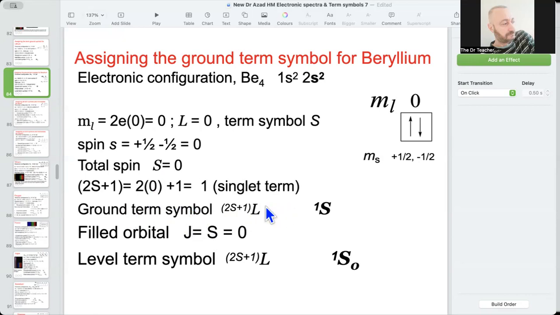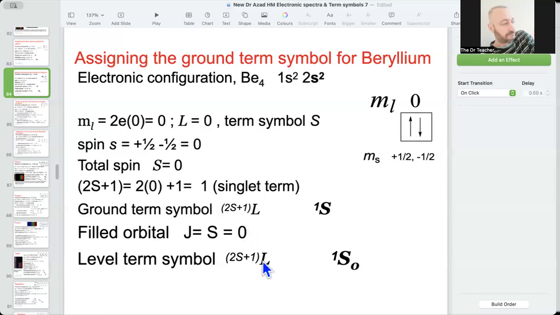Ground term symbol, 2S plus 1 L. The L is S and the 2S plus 1 is 1. Because this is a filled orbital, the J equals S, as we said before. In the condition of filled or half filled, J equals S. Now S is 0 here.